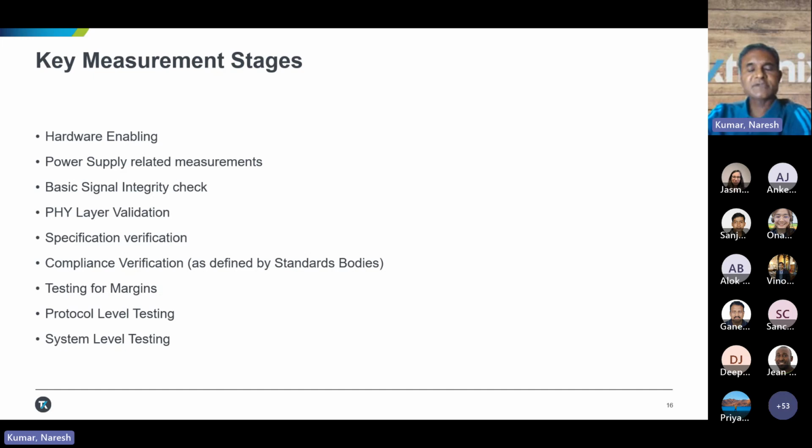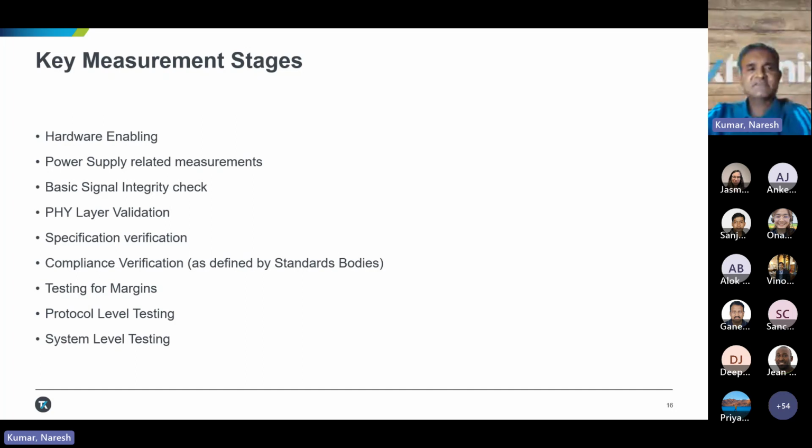Could be ripple measurements, could be crosstalk measurements, could be any measurements to make sure your basic signals like clock and others are stable and good. Then there is some basic signal integrity check, which means you would have some specifications which you are going to check for basic eye diagrams where applicable, or the basic jitter specifications for clock, etc.